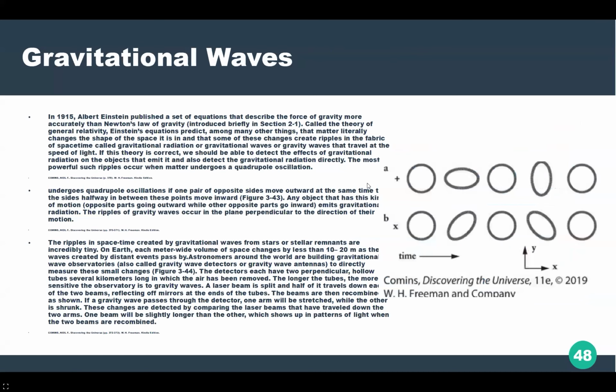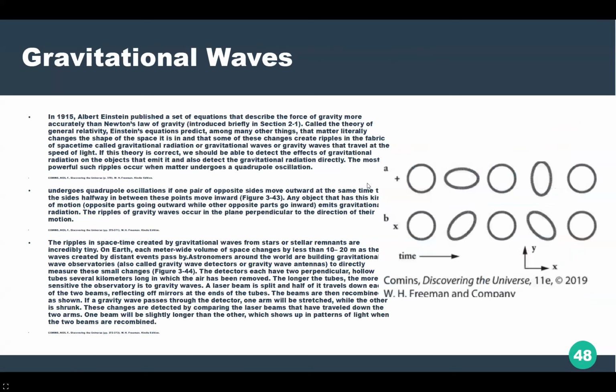The most powerful such ripples occur when matter undergoes a quadrupole radiation or oscillation, as seen on the right-hand side. If one pair of opposite sides moves outward at the same time as the sides halfway between those points move inward, any object that has this kind of motion emits gravitational radiation.